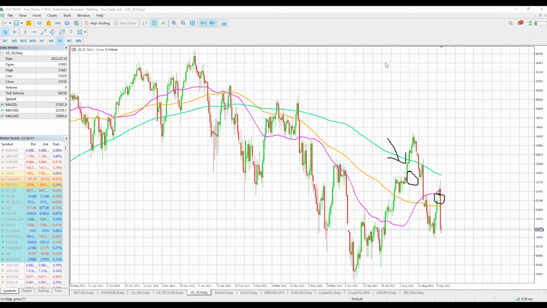Let me clear all the drawings over here once again. What we are really looking at is where the price is trading for the Dow Jones Industrial Average. We can learn from the previous analysis that the price is trading below the 100 and below the 50 and below the 200.